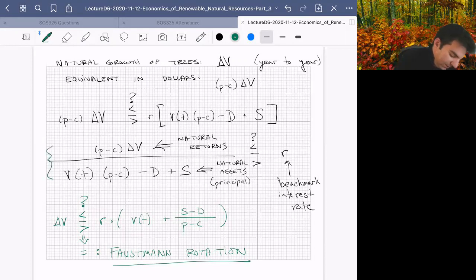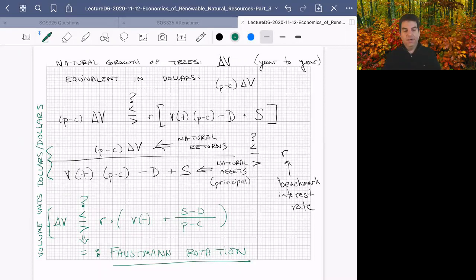Whereas these are in dollar units, so dollars divided by dollars, down here these are in volume units, but it's the same condition.